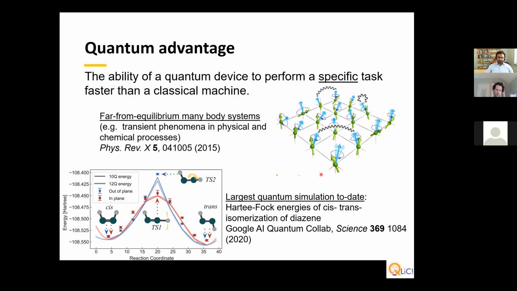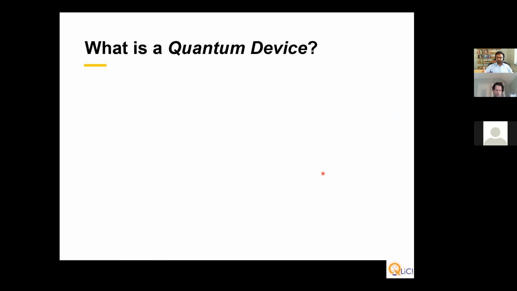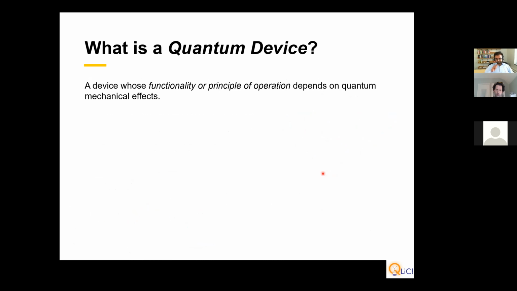So there is a big gap that we need to cover to do realistic technologies. Today I will talk about how we can realize quantum devices so that we can probably push towards these boundaries. First, to talk about this quantum device: one could define a quantum device as something that has a functionality, where the principle of operation depends on quantum mechanical effects.